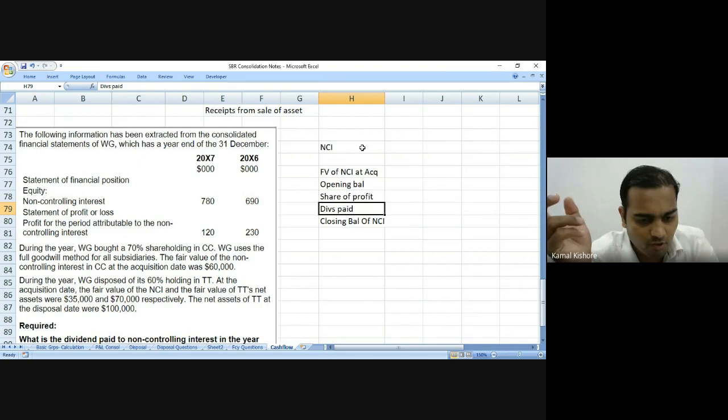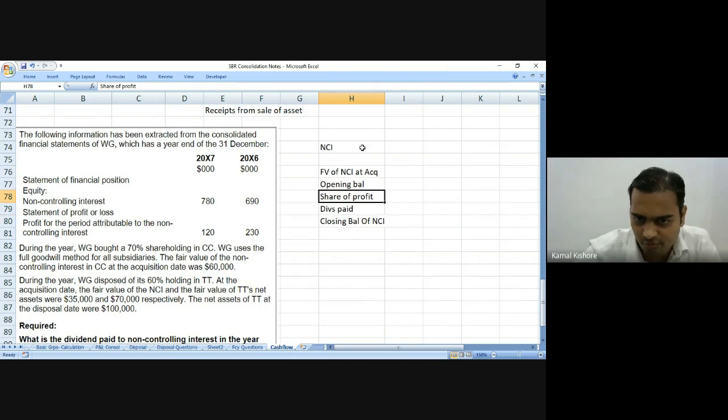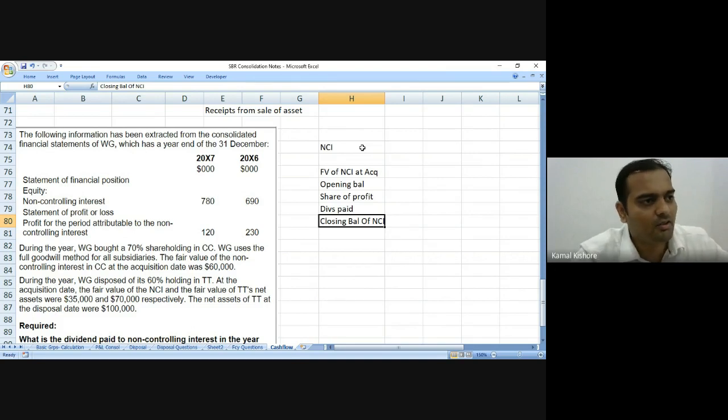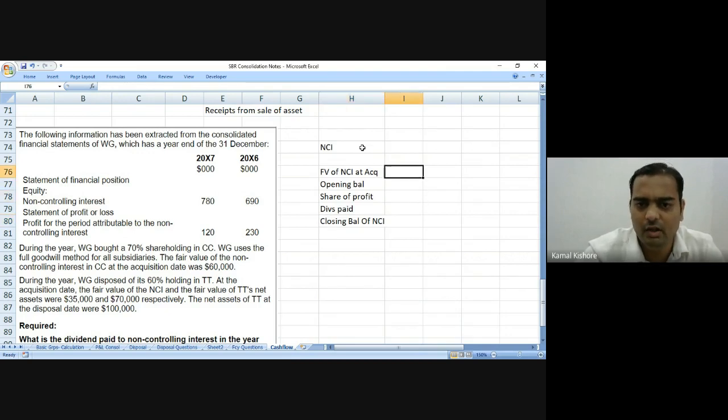That profit has to be adjusted, and that will have an impact on the NCI number also. So all of that adjustment will go here in share of profit. And then you are paying dividends. And if there is any step down acquisition, meaning from 70% it has now become 60%, that will also get reflected. So this is how the reconciliation will happen.